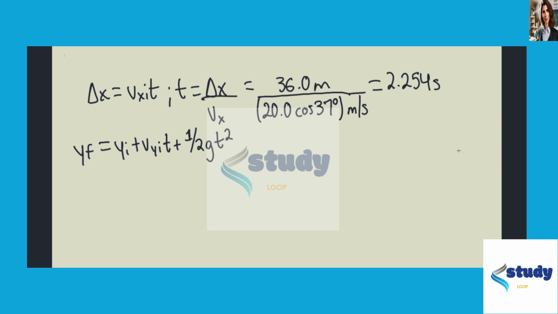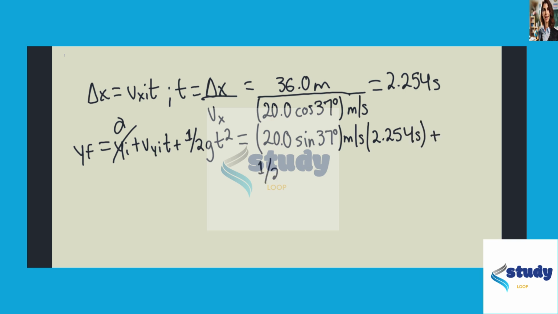So y initial is 0, and this is going to be equal to 20.0 sine of 37 degrees meters per second multiplied by 2.254 seconds, plus 1/2 times negative 9.80 meters per second squared multiplied by 2.254 seconds quantity squared, and this is giving us 2.24 meters.